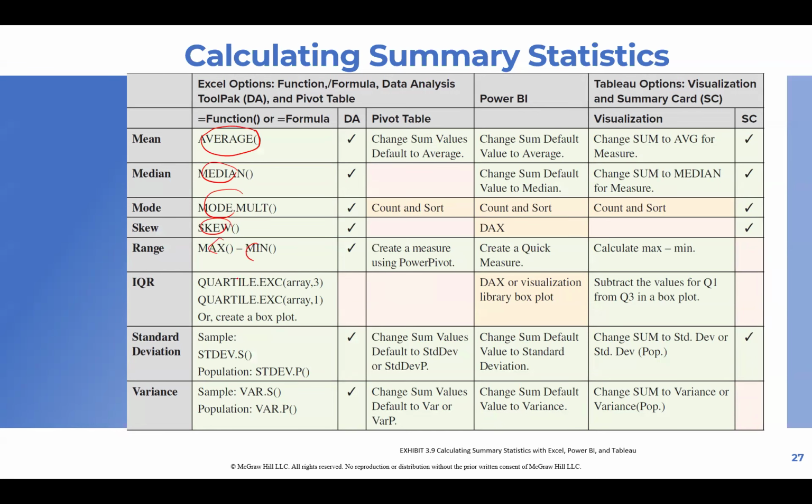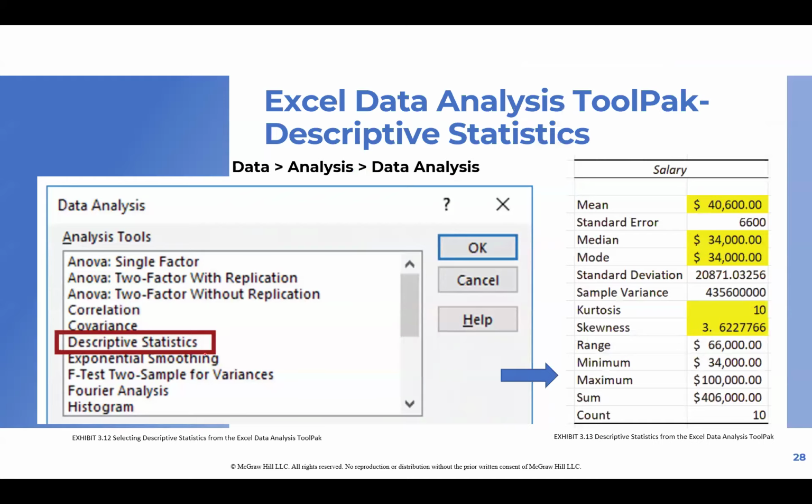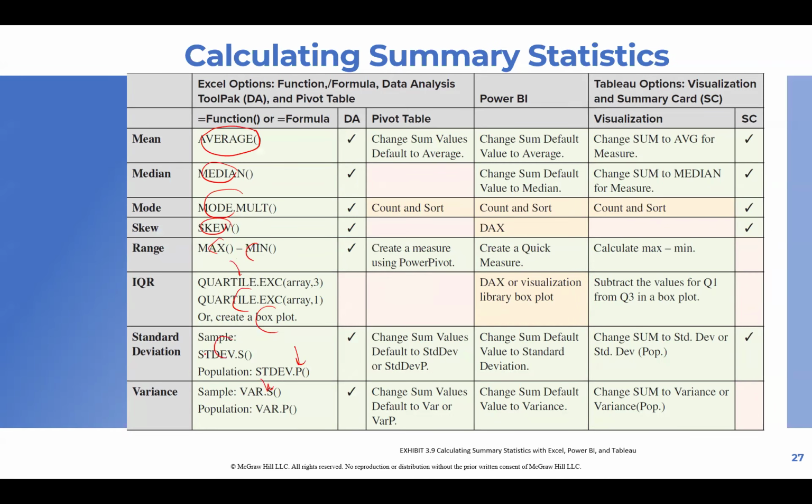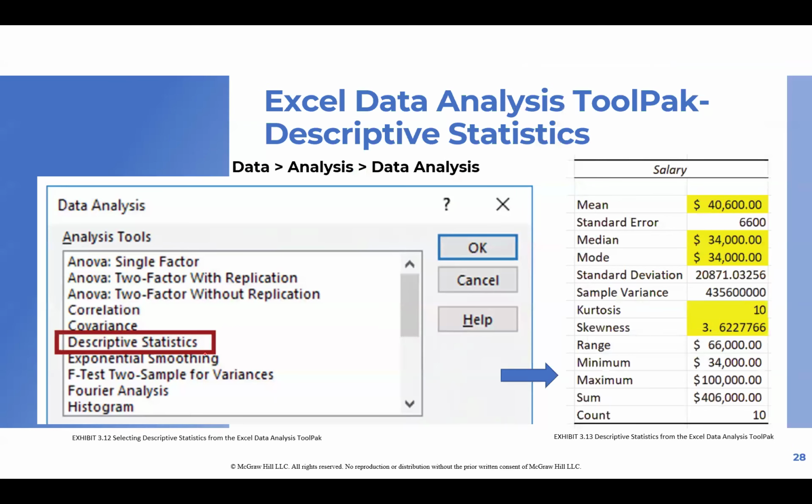Max minus min is the range, quartile, excluding or including. Then quartile, box plot, standard deviation, different ways of population standard deviation, variance of the sample, and the variance of the population.